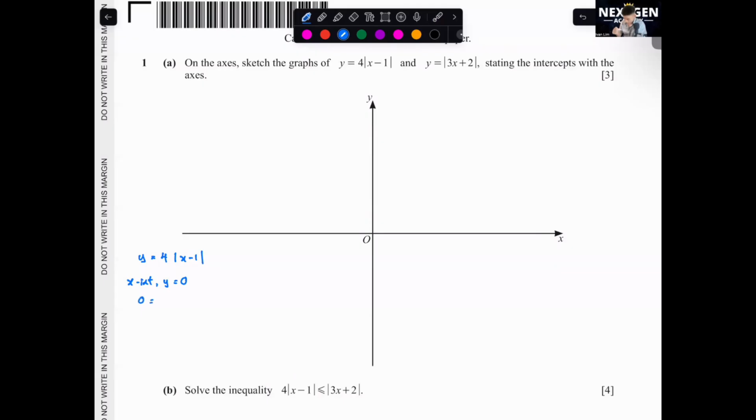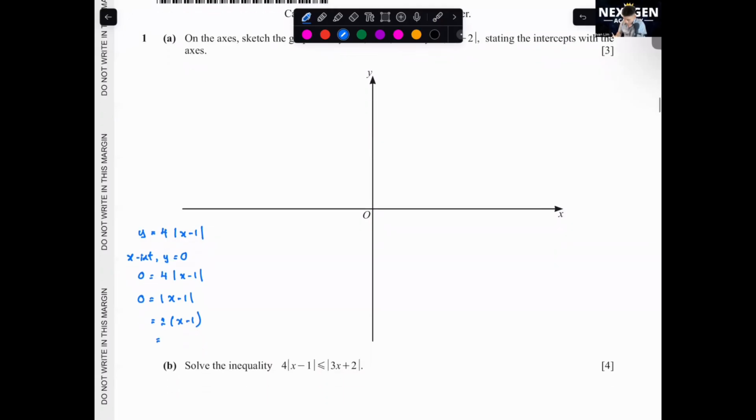So 0 equals 4 modulus x minus 1. Then this will be 0 equals modulus x minus 1. This one won't affect our plus and minus. We will have x minus 1 equals 0, then x equals 1. So this one won't really affect.